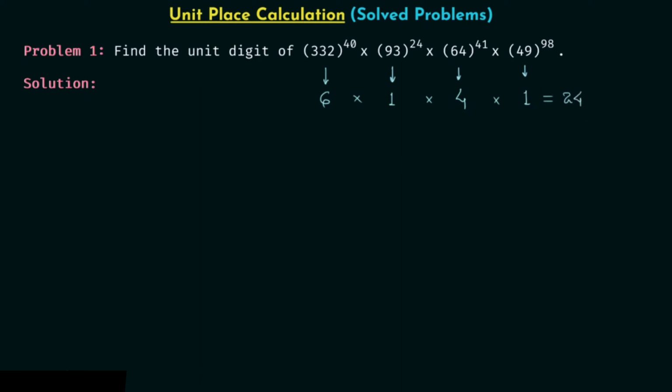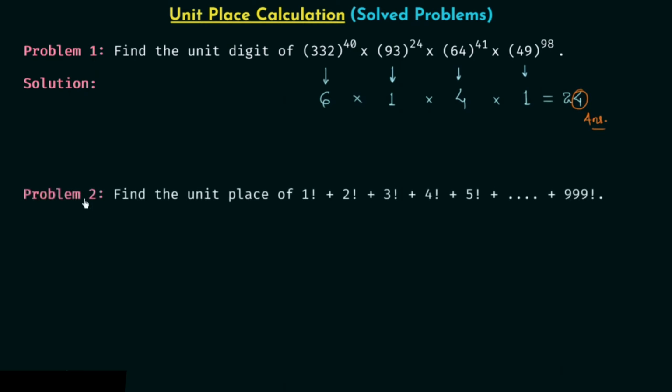Now in number 24, we can see that this 4 is the unit digit, and therefore this 4 is our answer. So this multiplication will have 4 as the unit digit. So we are done with our problem number 1, and now we will move on to our problem number 2.